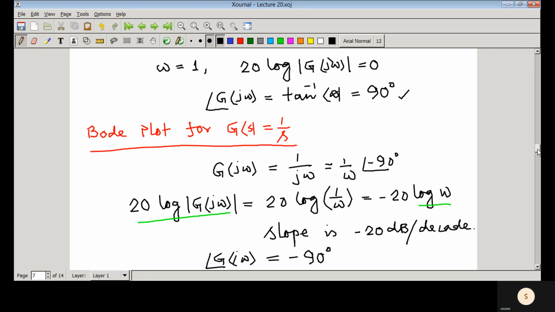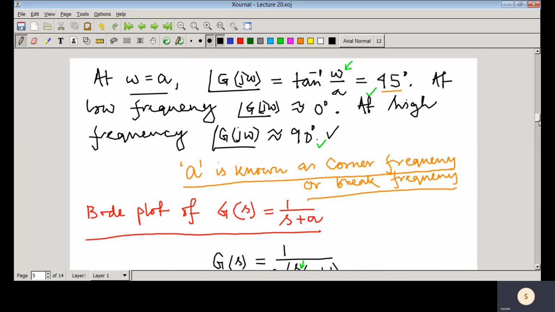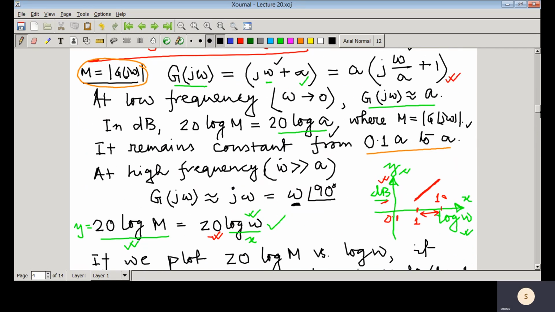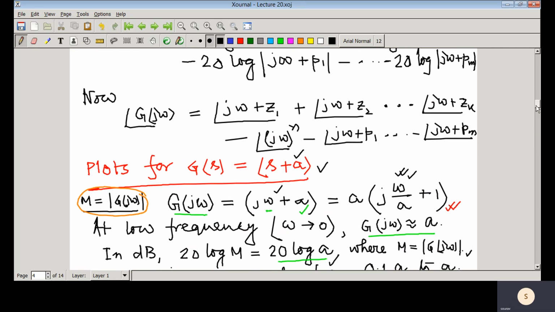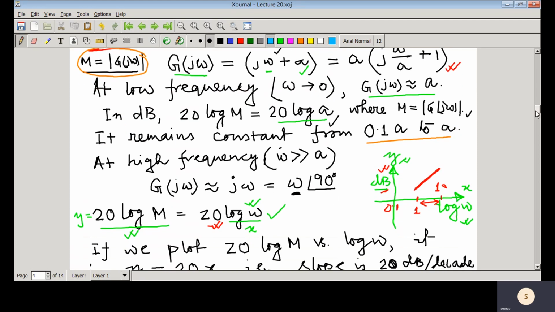So far we have discussed different factors. Whenever we have s plus a, when the frequency is small, the gain would be 20 log a and it remains constant up to a, the corner frequency.